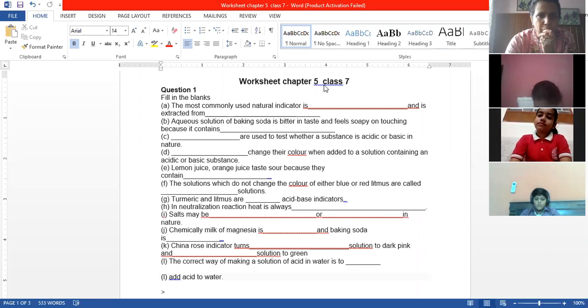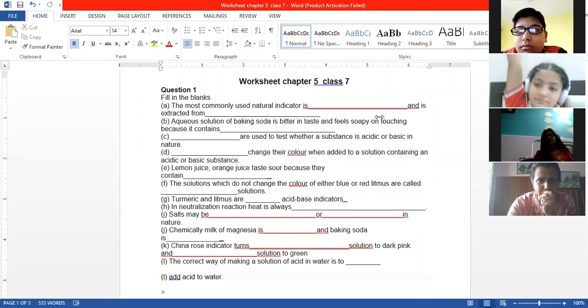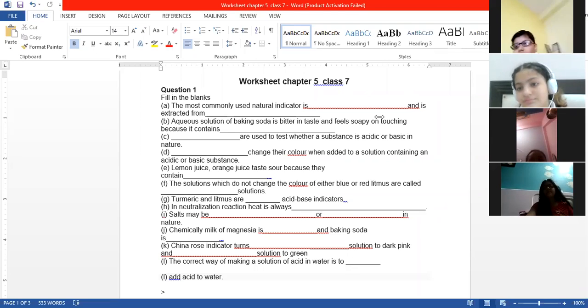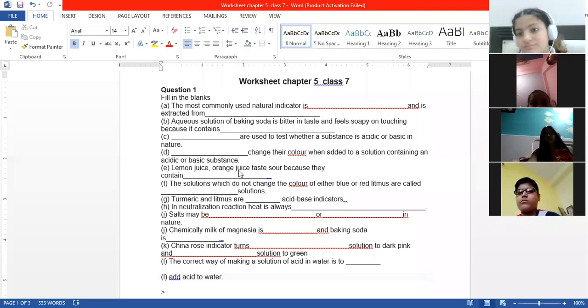Next is E part: lemon juice and orange juice taste sour because they contain dash. Children, kindly raise your hands, virtually. Mahi Gupta. Ma'am, it contains acid. Okay, because they contain acid.